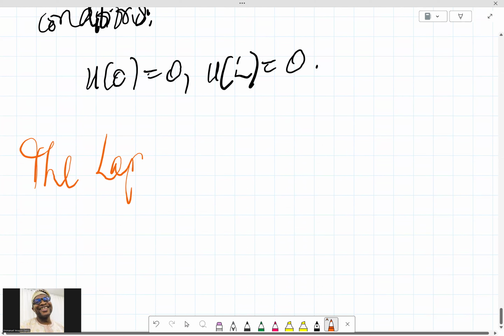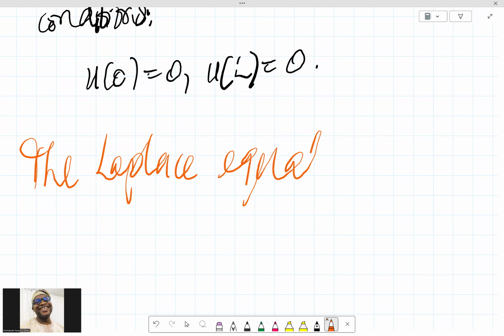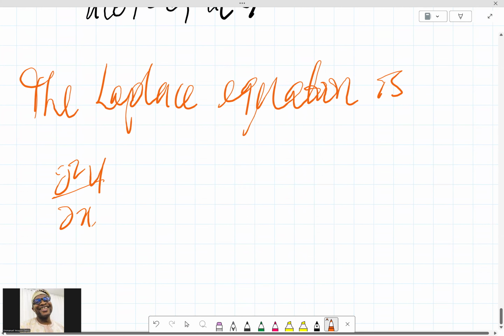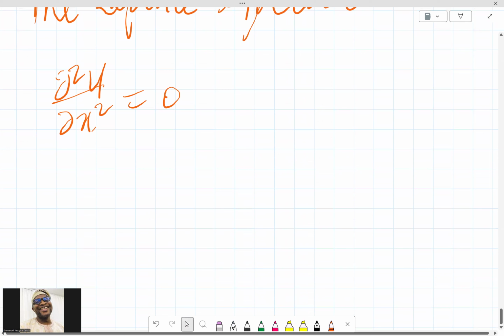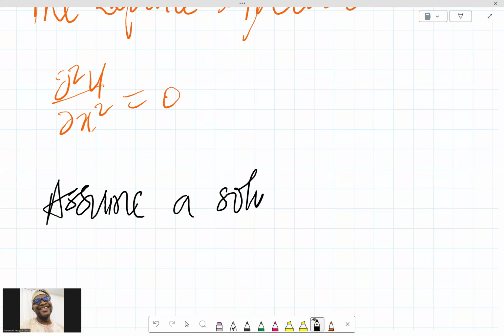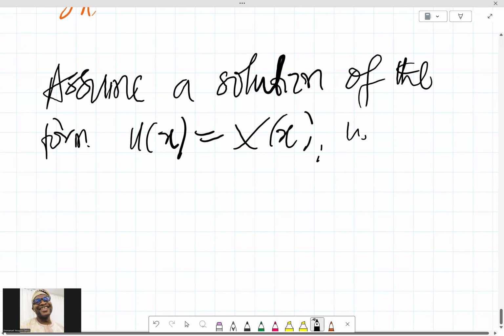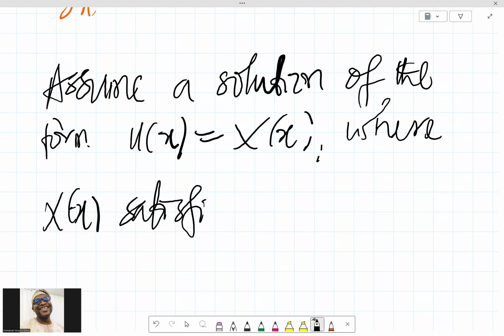The Laplace equation is partial squared u partial x squared equals 0 because we are talking about one dimension. So if you now assume a solution of the form u of x equals X of x, it's one dimensional, by the way, so no worries, where X of x satisfies X double prime of x equals 0.